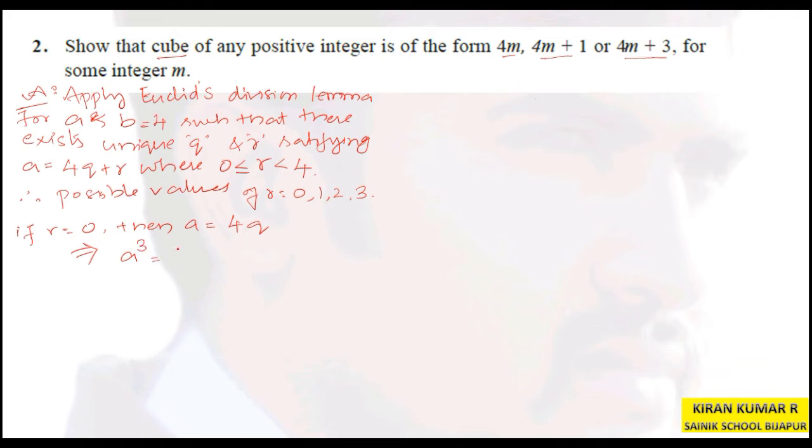It becomes a cube equal to 4q whole cube. This becomes 4 times 16q cube, which is like 4m form, where m is 16 times q cube.